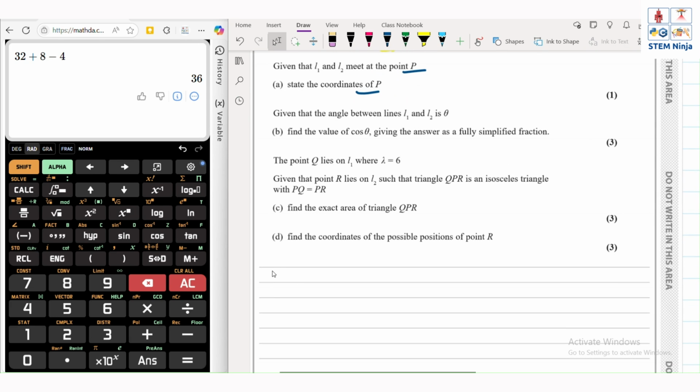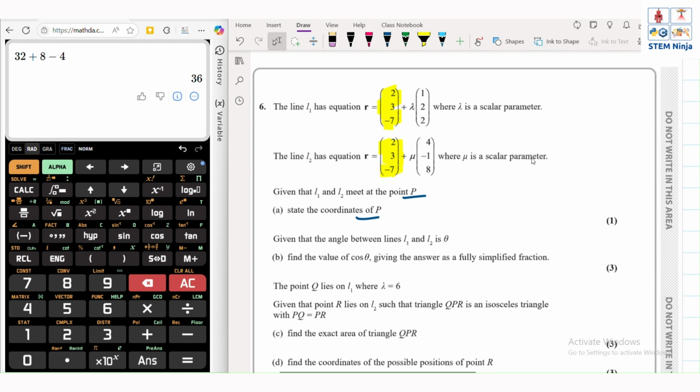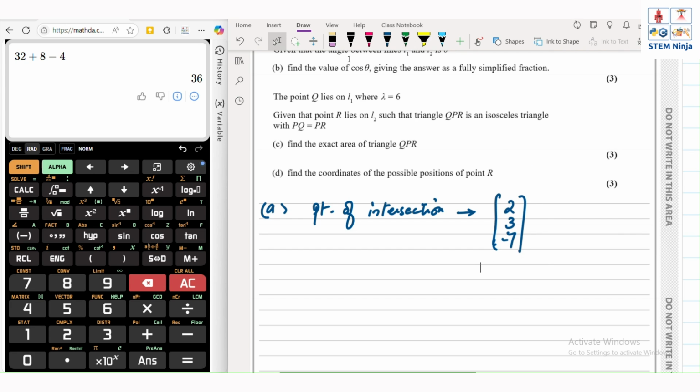We just needed to state it, not find or calculate. So the point of intersection is 2, 3, minus 7. Sorry, coordinates, not position vector. So 2, 3, minus 7.